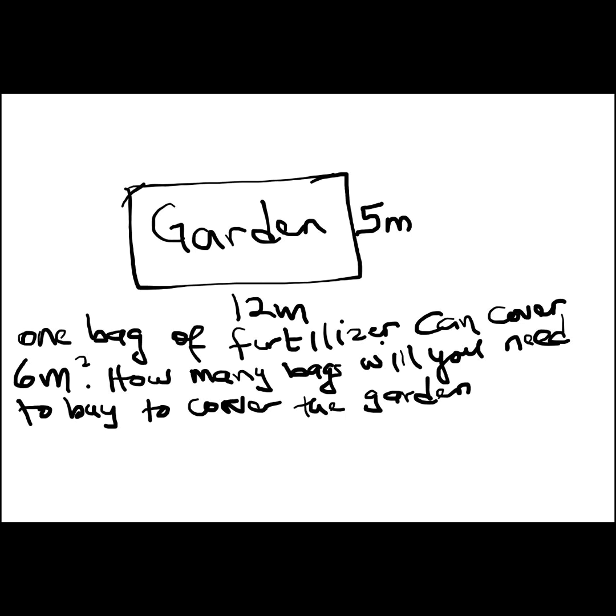Yes. So if you want to know how many bags you can use to fill in the garden, you just divide the area of the whole garden by the area of that bag. So the area equals length times width.